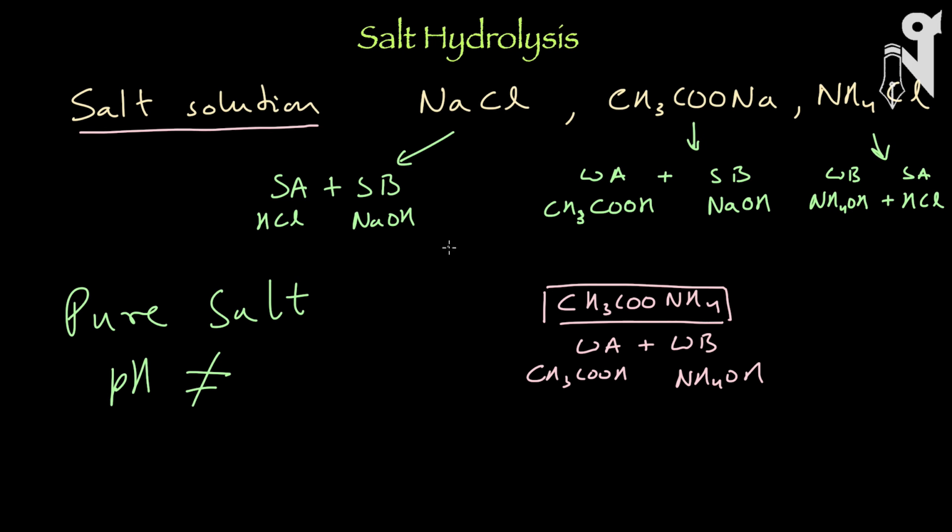You can see the reason over here. If the genesis of the pure salt was because of a reaction of a weak acid and a strong base, then obviously we expect the solution to be basic, right? And the pH more than 7.